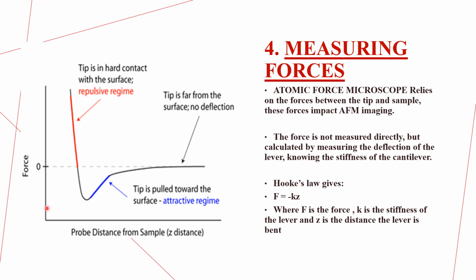This vertical line depicts the force, either repulsive (positive), attractive (negative), or no force, which tends to be 0. And this horizontal line depicts the probe distance from the sample, and it is based upon Hooke's law, where K is the spring constant, F is the force, and Z is the distance the lever is bent.